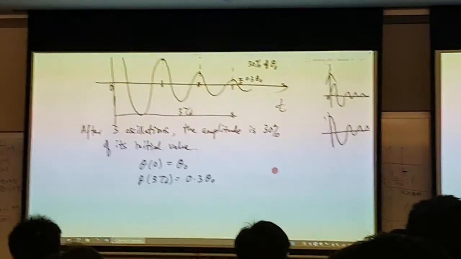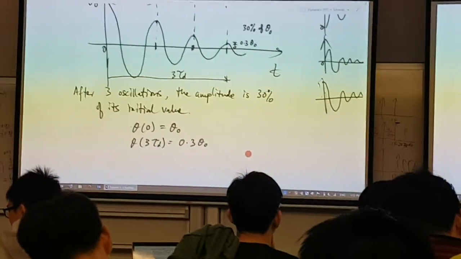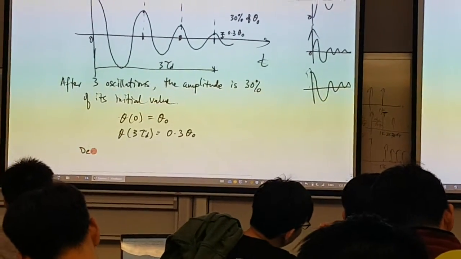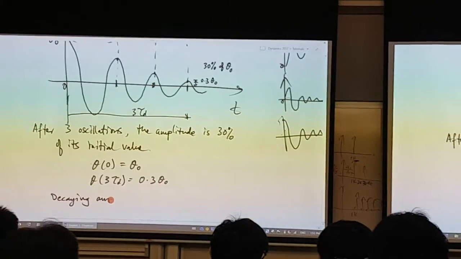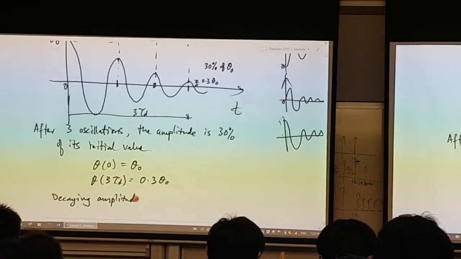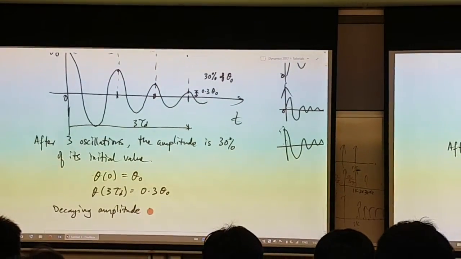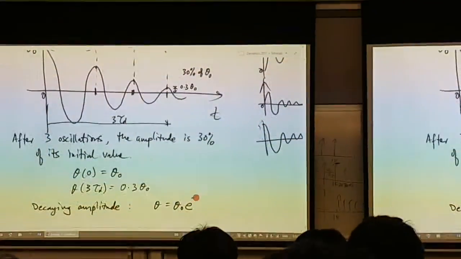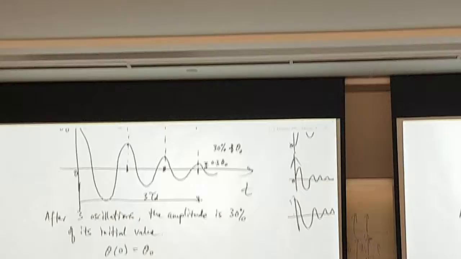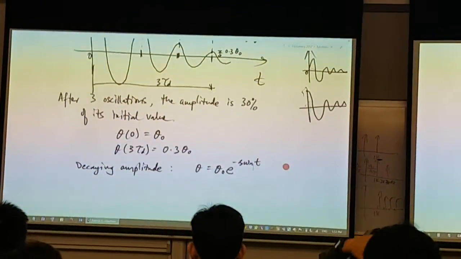So we know that the decaying amplitude that you saw today is given as theta naught e to the power minus zeta omega n t. That's the decaying amplitude.